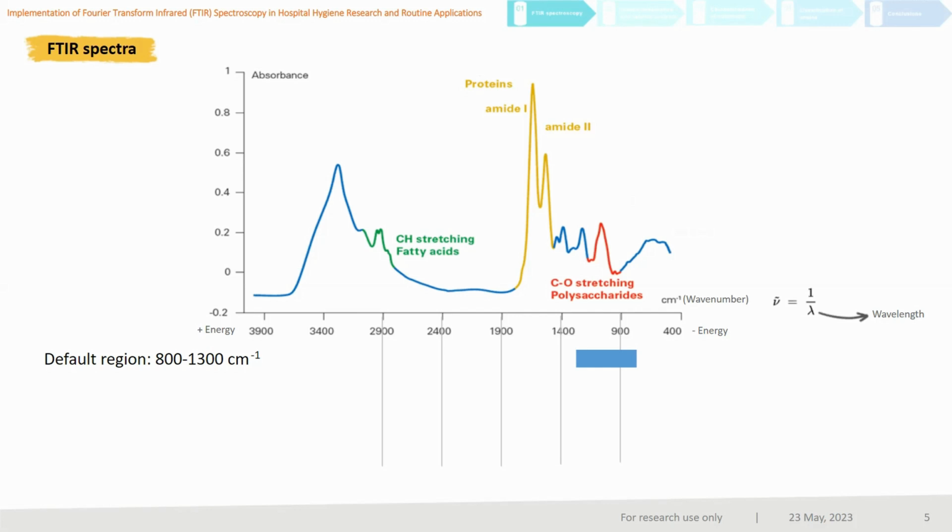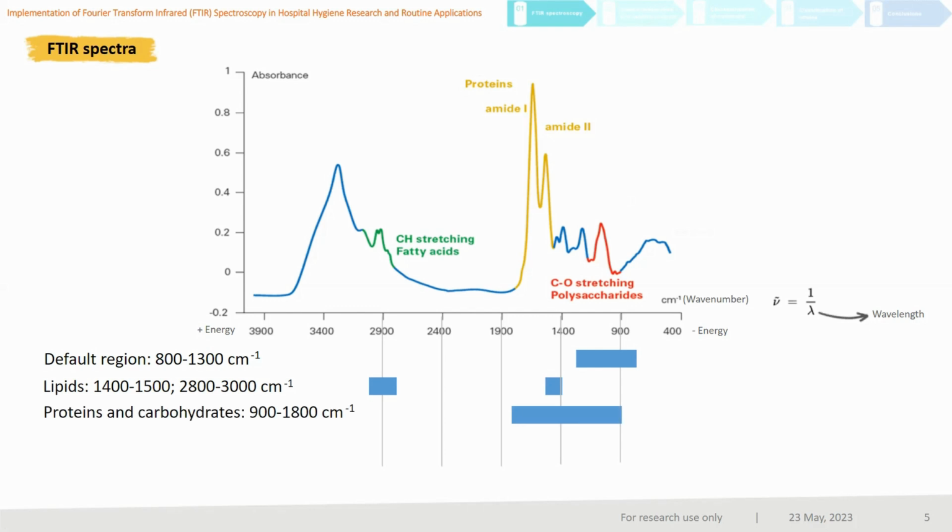There are also other regions available for analysis, such as the lipids region, which includes 2 sections of the spectrum, the proteins and carbohydrates region, or the humidity region, which is also represented by proteins. In addition, it's worth mentioning that users have the flexibility to select or create other customized sections of the spectrum based on their specific needs or interests.